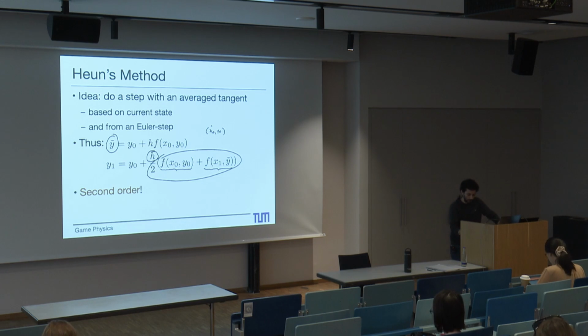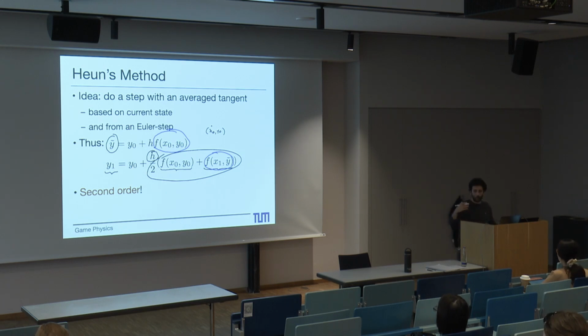Now, it is important to mention that this second order accuracy doesn't come for free. We need to perform two different evaluations of the function, because in order to step to y1 we need to compute both this value, which was the one that we were computing when we were using the Euler step, and at the same time we also need to evaluate this function a second time.